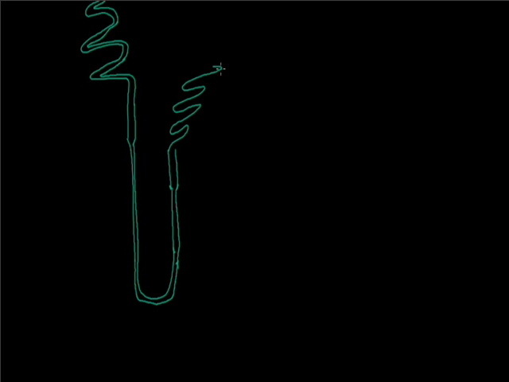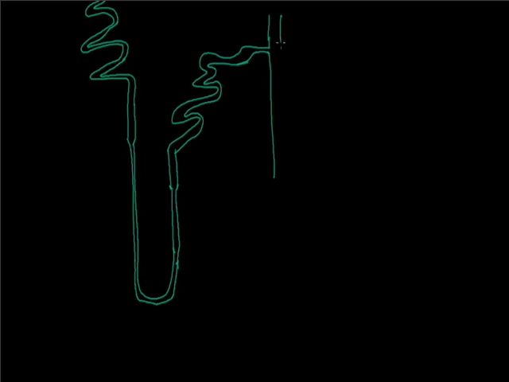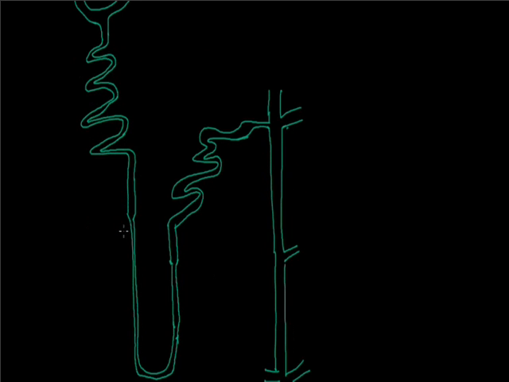Now this PCT will form loop of Henle, which has two parts, a descending and an ascending limb, and then this part will open into the highly convoluted DCT, which through the collecting tubule opens into the collecting duct, which opens into the kidney.